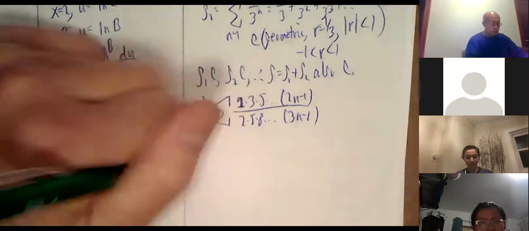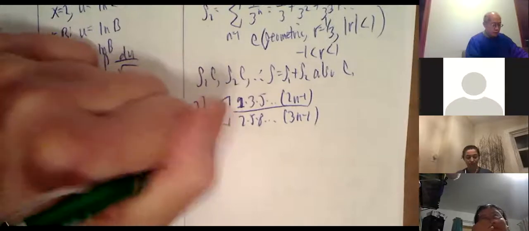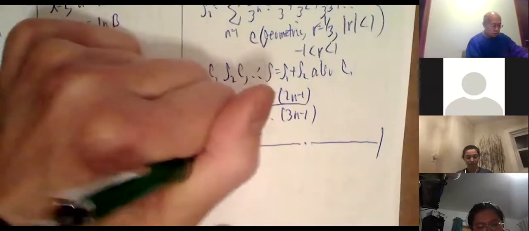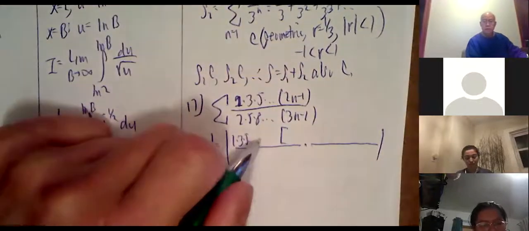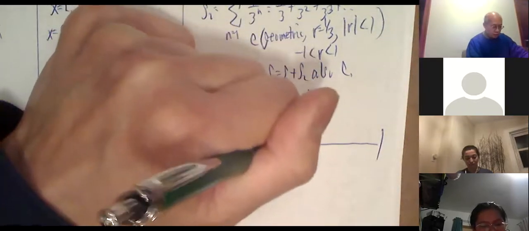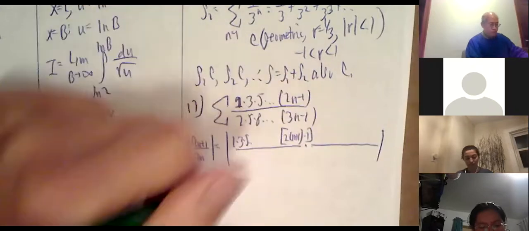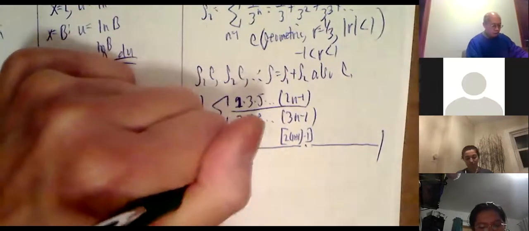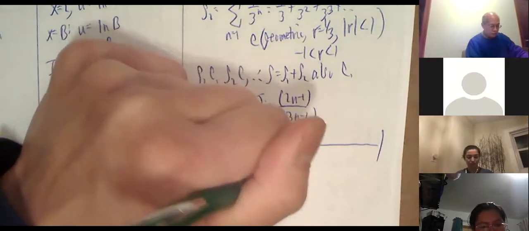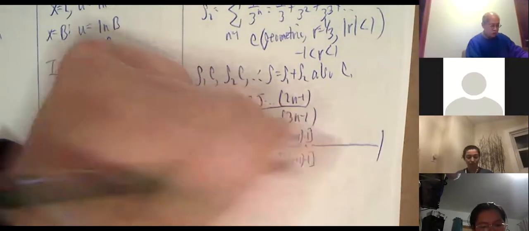Okay, so we'll do the ratio test. A sub n plus 1 over a sub n. So 1 times 3 times 5 times dot, dot, dot. Okay, leave space to put something in here. 2 parentheses n plus 1 minus 1, over 2 times 5 times 8 dot, dot, dot, 3 times n plus 1 minus 1.